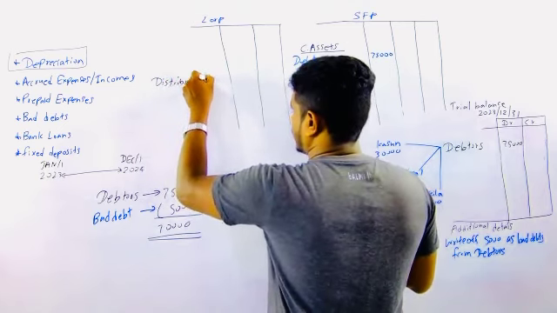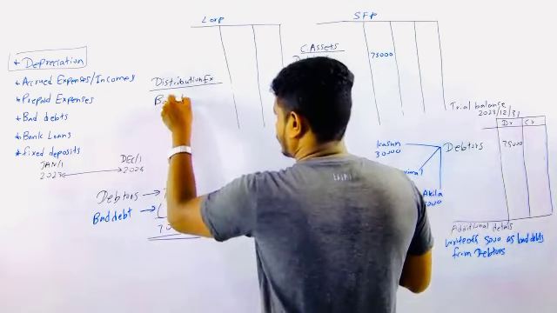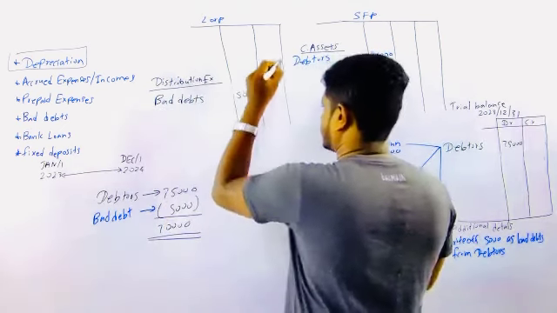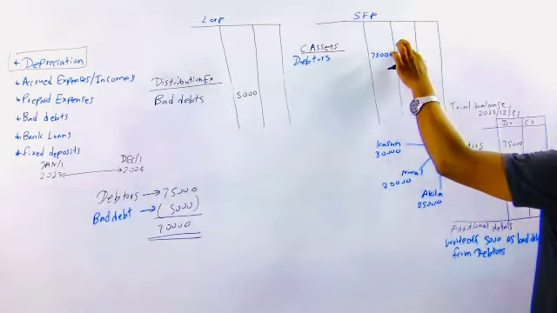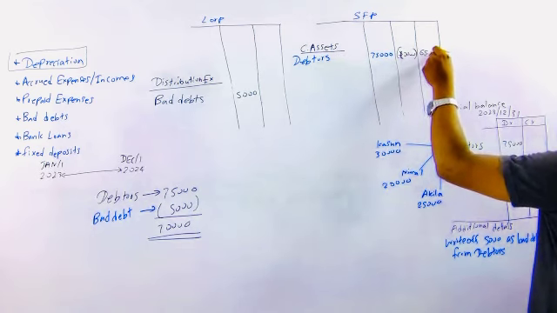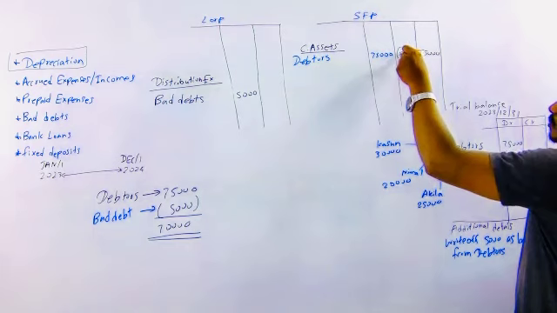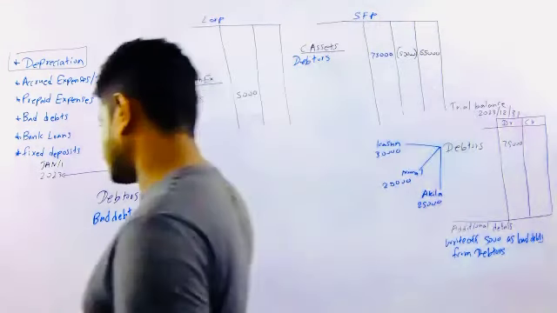Distribution expenses, right? As bad debts 5,000, right? And this 5,000 we have to deduct from debtors. Then the balance of debtors is 65,000, right? This is how we input debtors and bad debts to the financial statements.